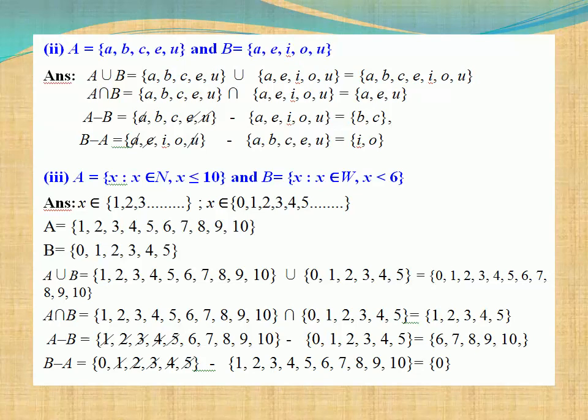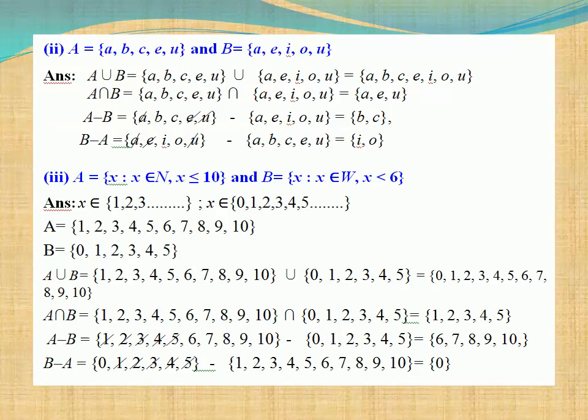Third subdivision, A equal to X such that X belongs to the set of all natural numbers, comma X less than or equal to 10, and B equal to X such that X belongs to W, comma X less than 6. Here in set A, X belongs to the set of all natural numbers, I told you, so 1, 2, 3 and so on.